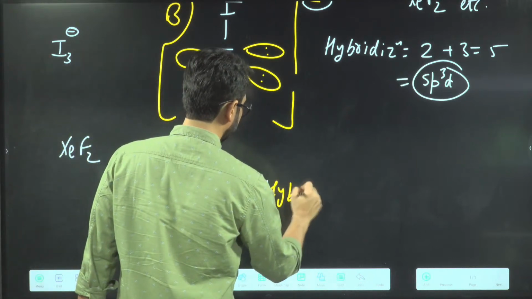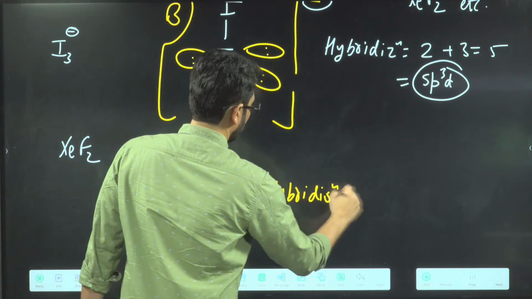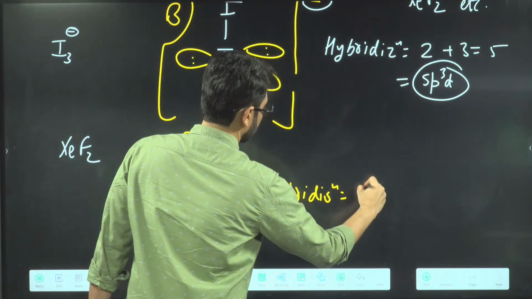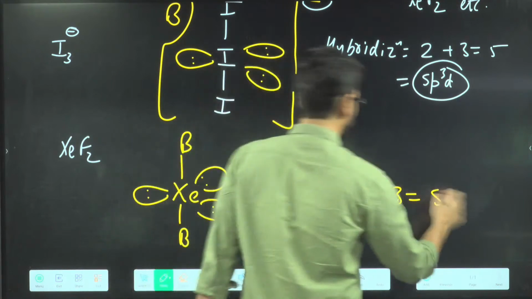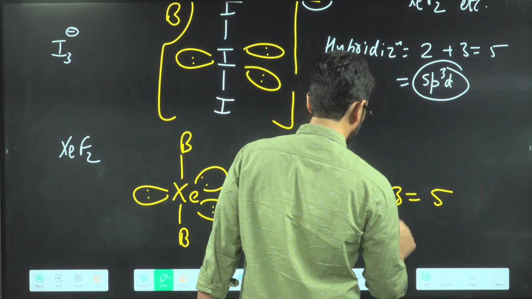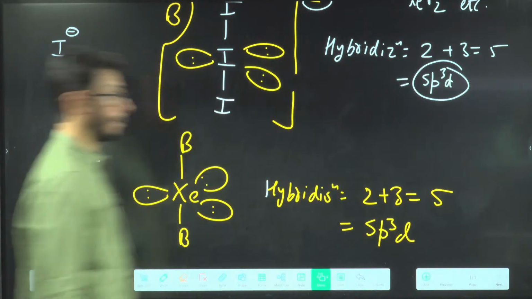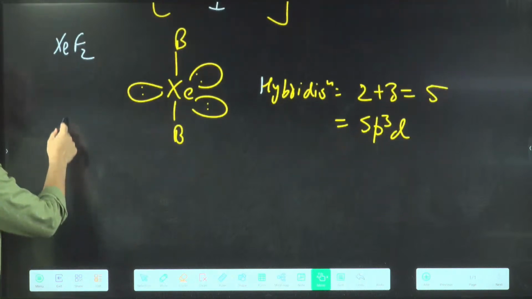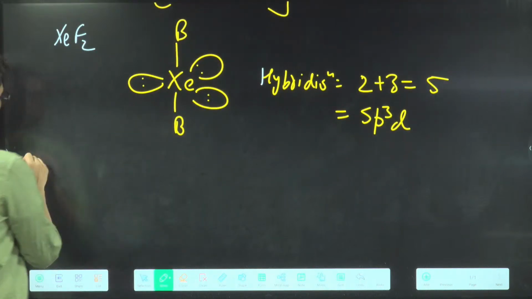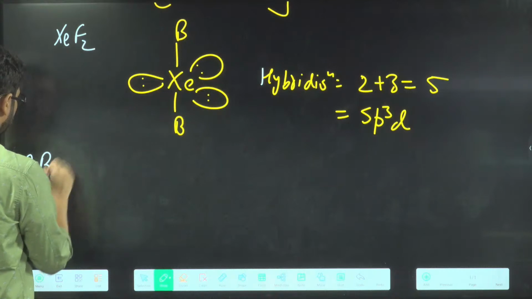Hybridization of xenon will be, how many bond pairs? 2 bond pairs and 3 lone pairs. Summation 5. It is sp3d hybridized. Yes, it is linear.